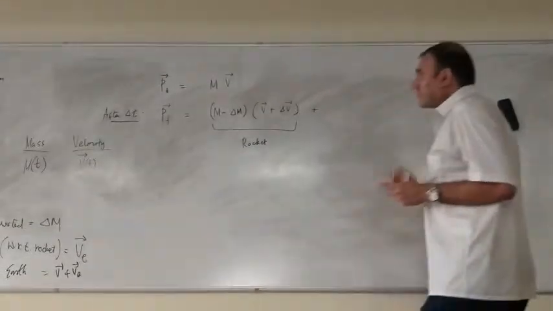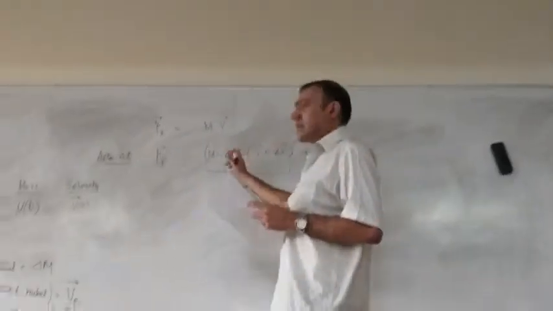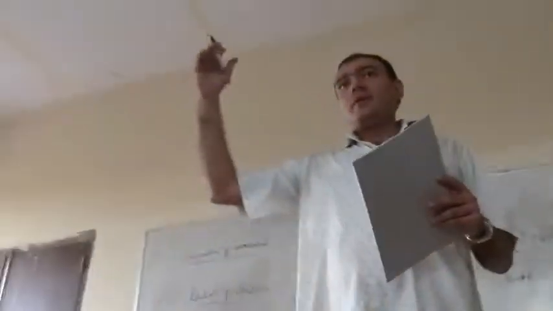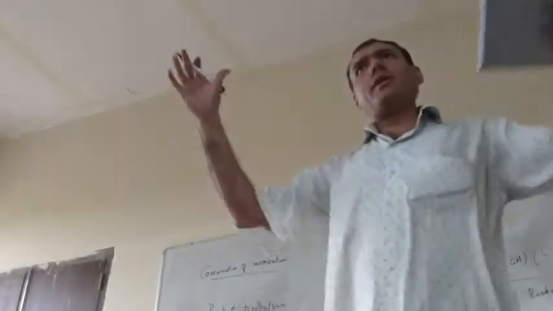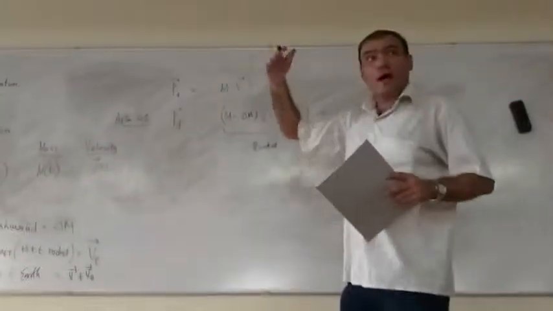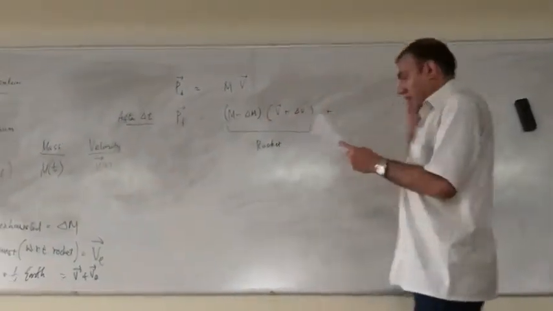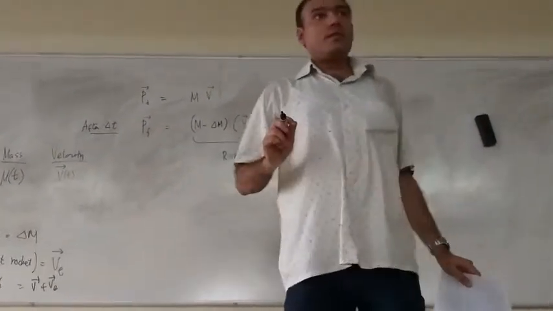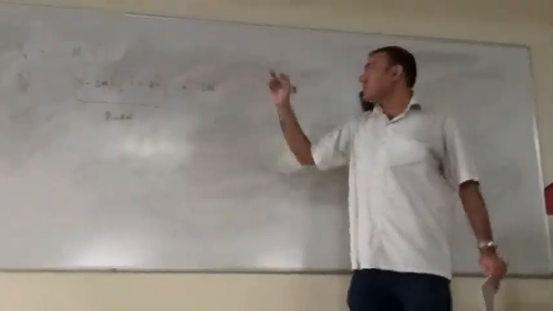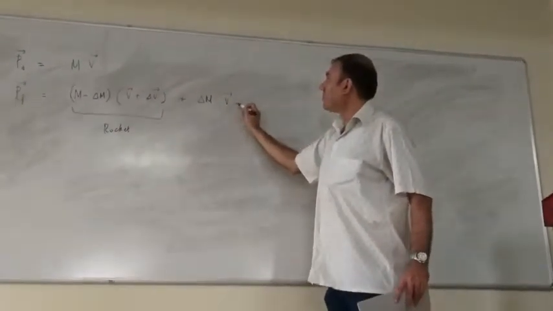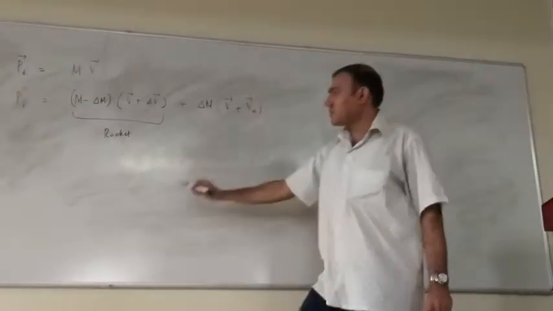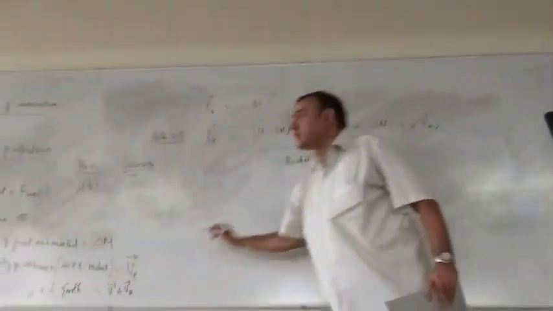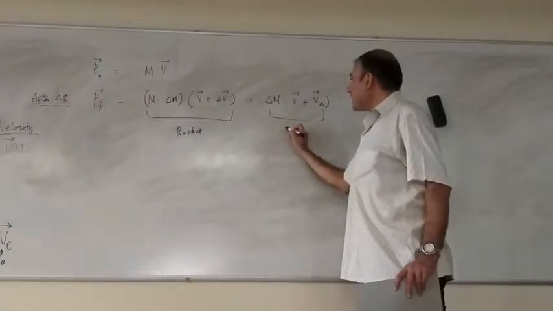And then you have the fuel also exhausted. So M minus delta m is the instantaneous mass of the rocket, along with the fuel that is not burned, times the velocity after the fuel is exhausted, so it's v plus delta v. And now you also have to take into account the momentum of the burned fuel. It's delta m times v minus Ve. So that's the velocity with respect to the earth. So this is that of the exhausted fuel.